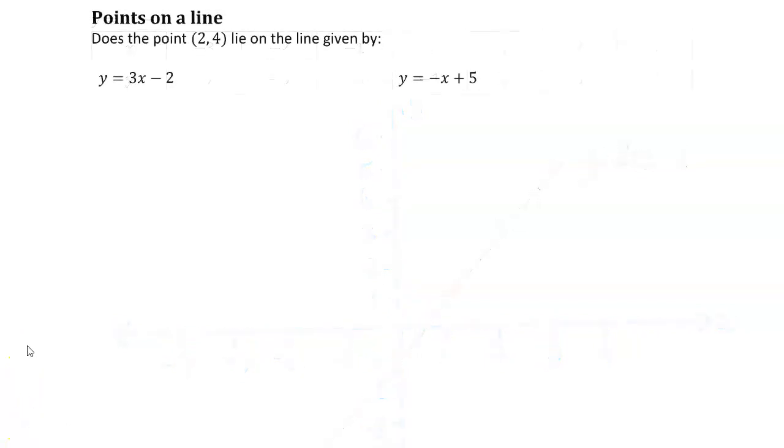Now, sometimes you have to prove if a point lies on a line or lies on as part of a graph. So let's do an example of that. Does point 2, 4 lie on the line given by y equals 3x minus 2? Does that point lie on that line? Well, I'm going to sub in that point. Okay, so x equals 2, y equals 4. I'm going to substitute that into the equation.